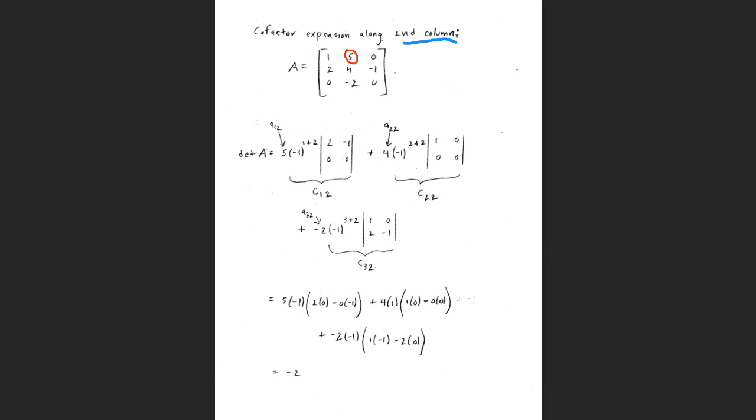And if we block out, the 5 is in the first row, second column. So if we, in our minds, remove the first row, second column, what's going to be left is 2, 0, -1, 0. And that's what you have here.